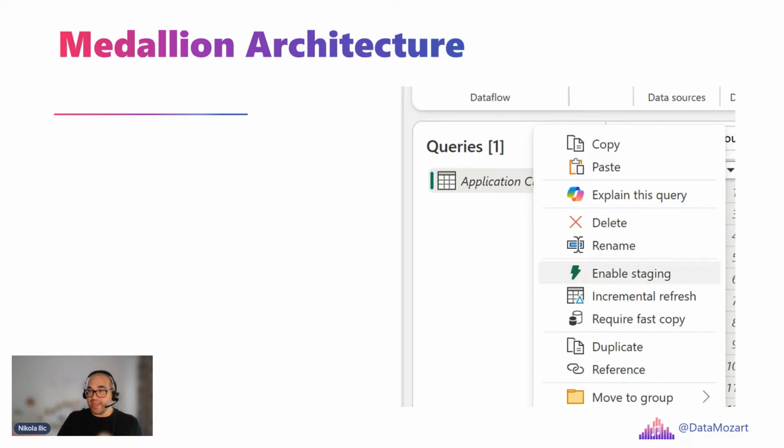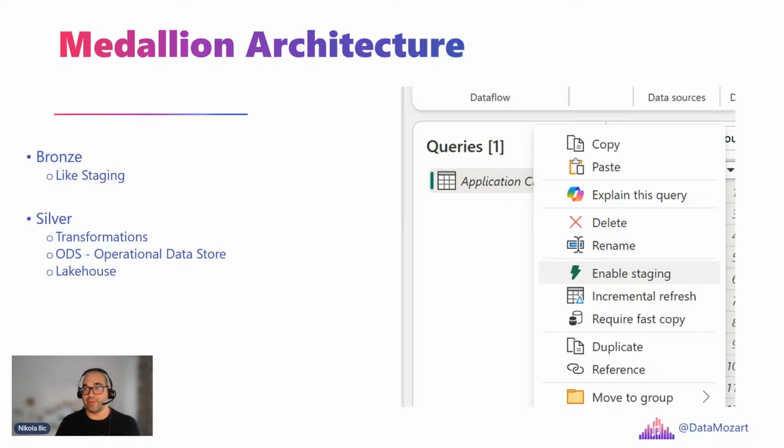A quick orientation on where notebooks fit in the medallion design pattern, because we are going to talk about transforming data throughout the session. First, bronze is your staging layer, so raw data lands there. Then silver is where transformations happen, and this is where notebooks really shine. This is the biggest strength of notebooks: performing different data transformation operations, so data cleansing, typecasting, deduplication, things that I will show you in a demo in just a couple of moments.